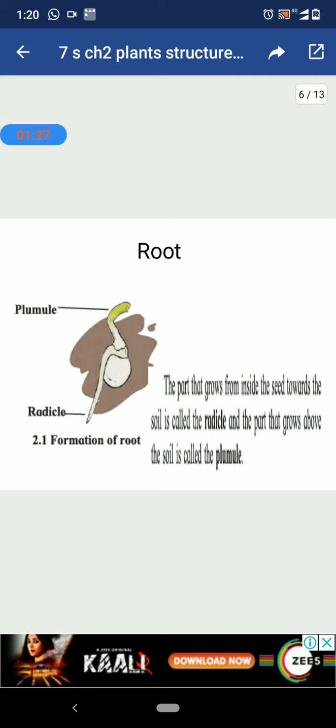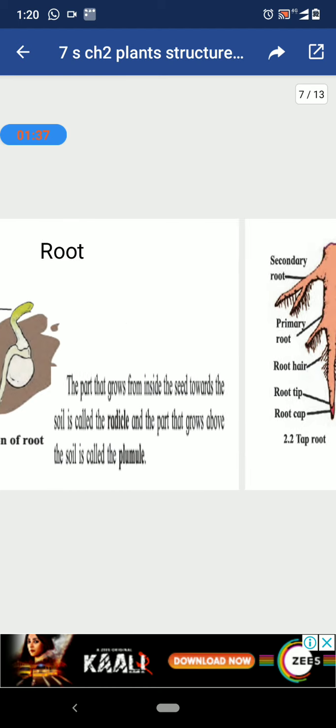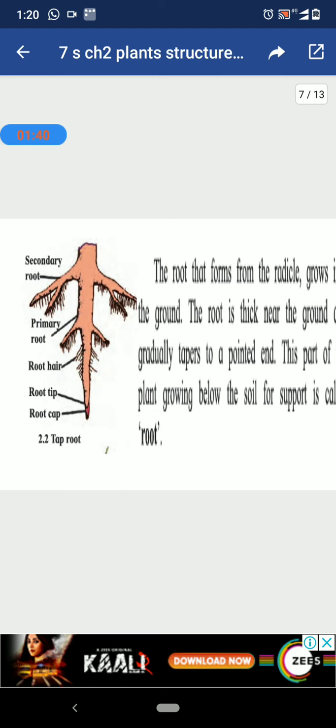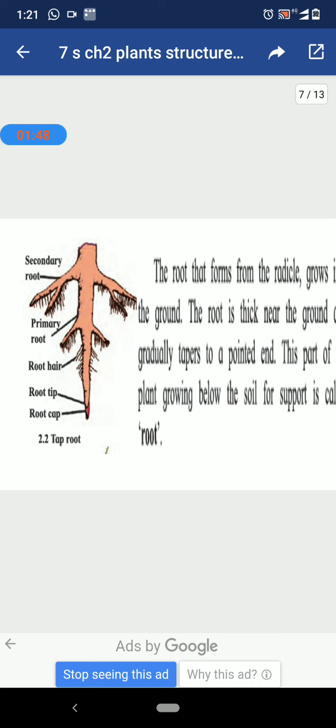The part that grows above the soil will be the plumule, and the part that grows from inside the seed towards the soil is called the radicle. After that we saw there are two types of roots, mainly taproot and fibrous root. The image on your screen is a taproot.